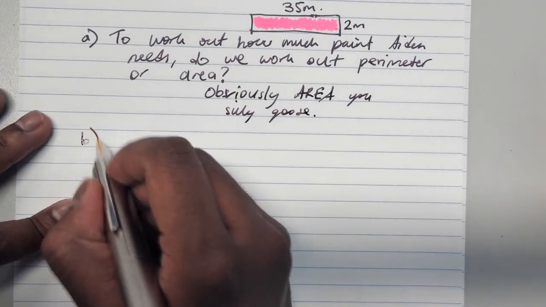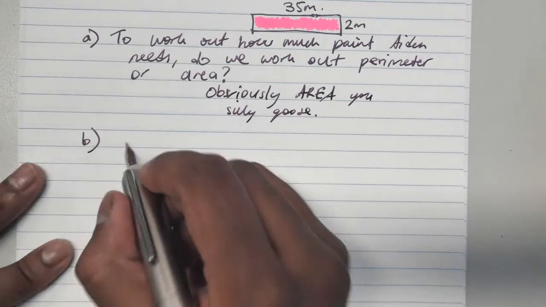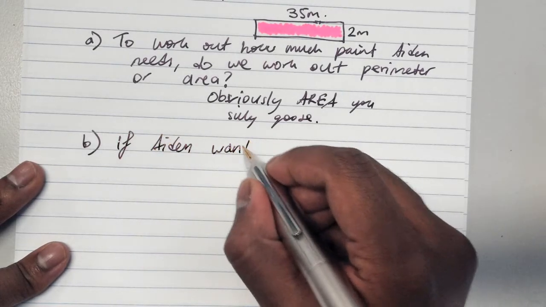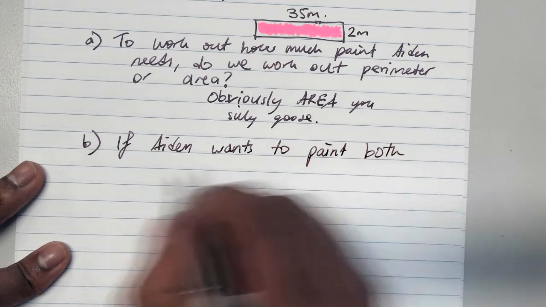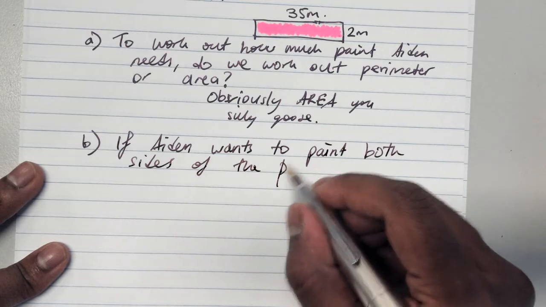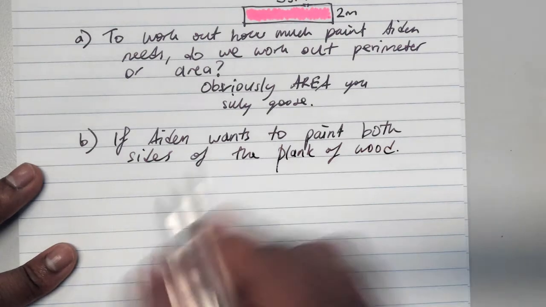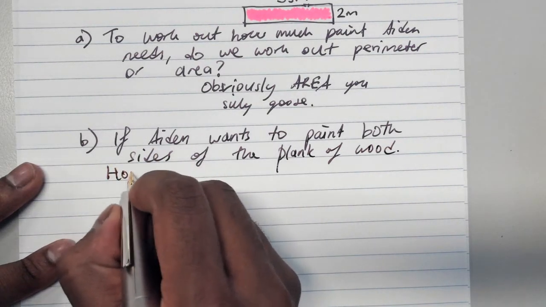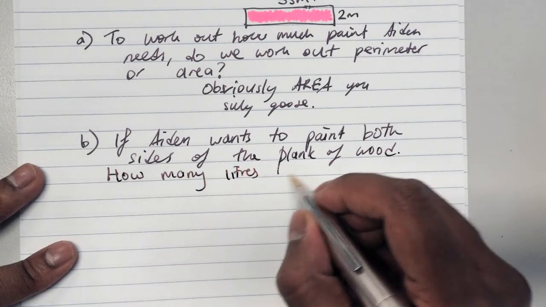B. Now Aiden's a smart man, he paints both sides of the plank of wood in case he needs to use both sides. So if Aiden wants to paint both sides of the plank of wood, how many liters will he need?